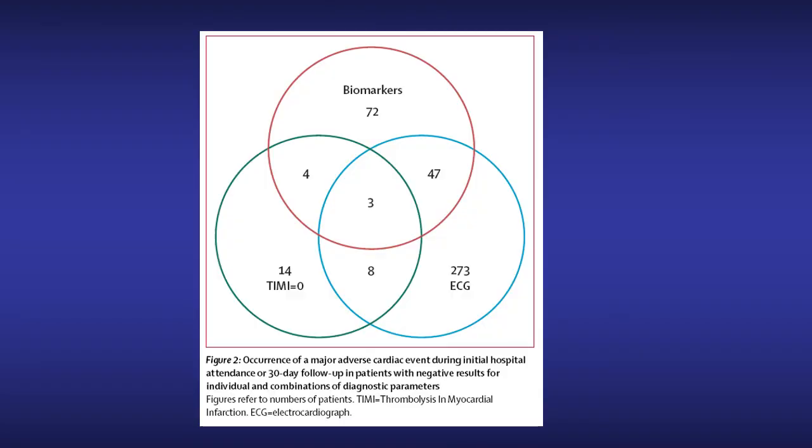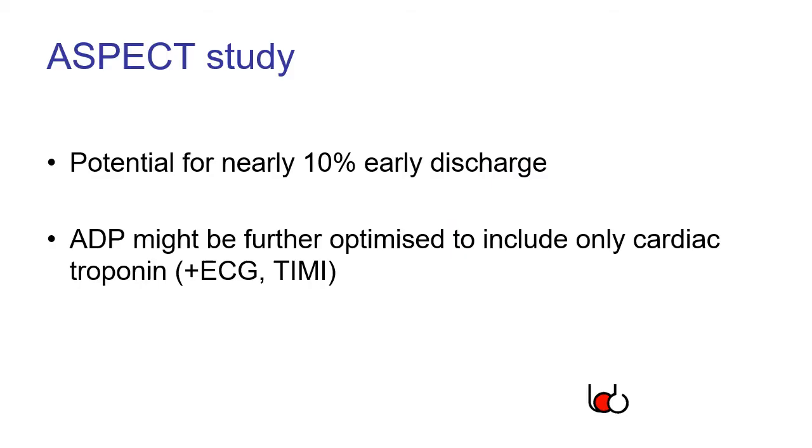And it is important to note that in the context of this study, in order to achieve that very low rate of MACE events, you need to include all components of the ADP, and not just the biomarkers: the clinical context, and the ECG. So the ASPECT study showed potential for nearly 10% early and safe discharge.